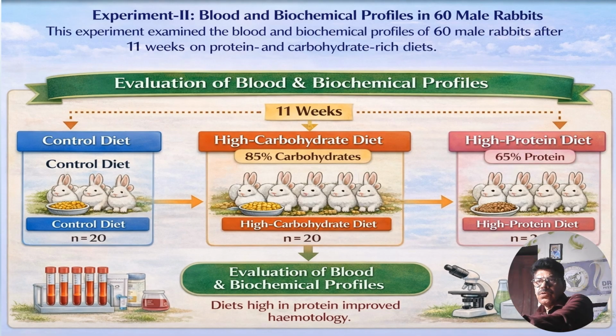One was a control diet, the other was an 85% carbohydrate diet, and the third group was a high protein diet having 65% protein. So the blood and biochemical profile was evaluated, and diets high in protein improved hematology.